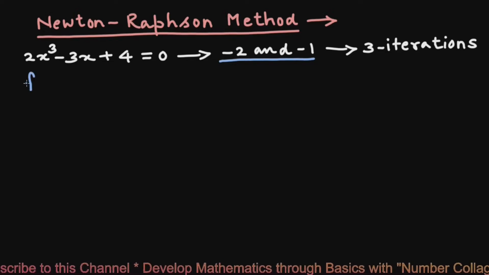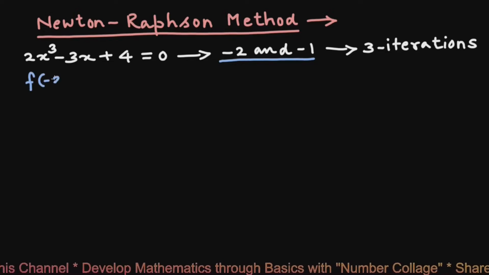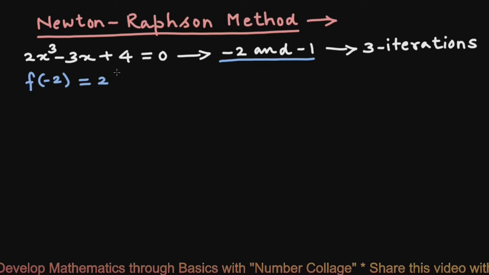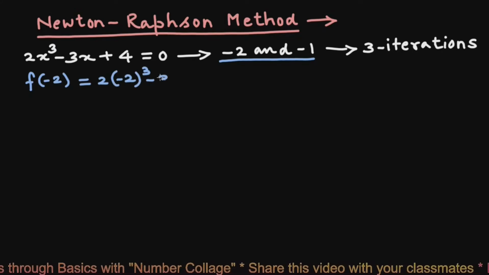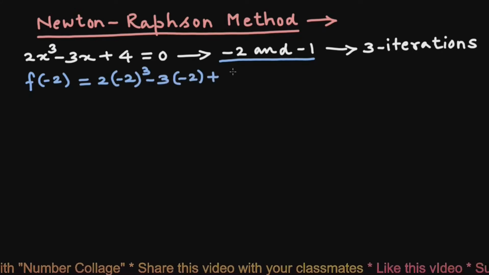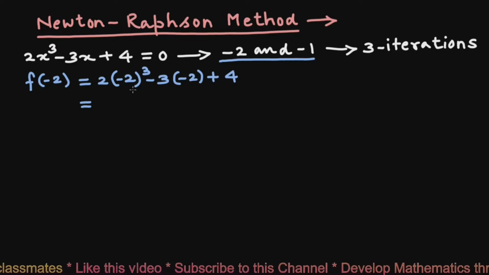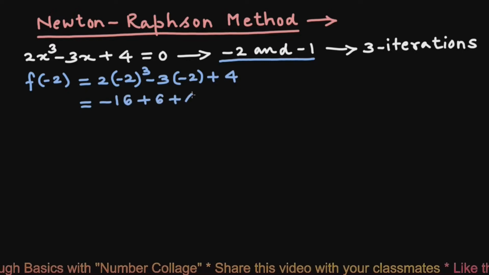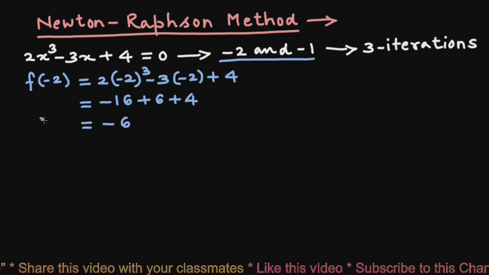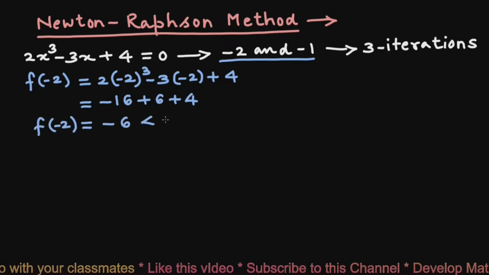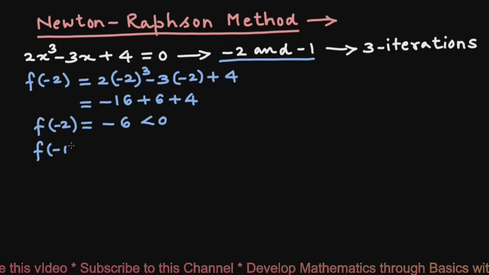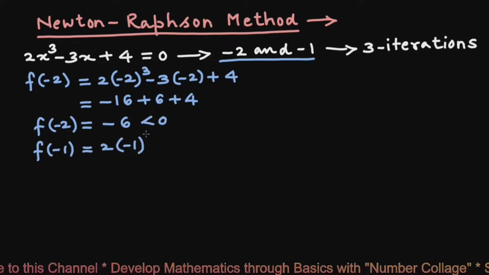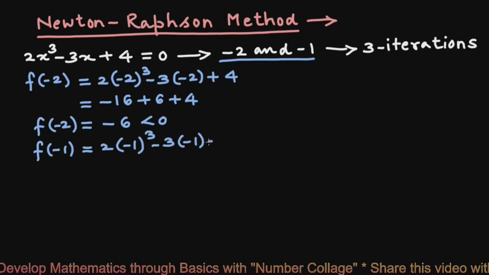For that, let us first find f of minus 2. That will be 2 times minus 2 cubed minus 3 into minus 2 plus 4. That will be 2 into minus 8, minus 16, plus 6 plus 4, which is minus 6. So f of minus 2 is negative. f of minus 1 will be 2 into minus 1 cubed minus 3 into minus 1 plus 4.